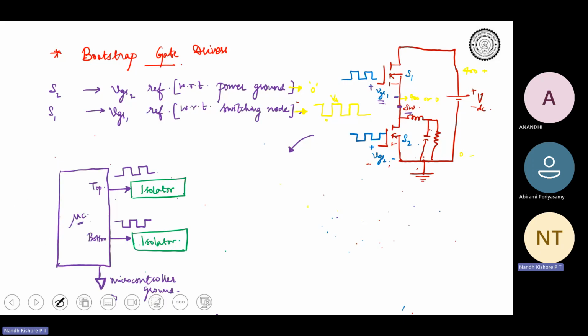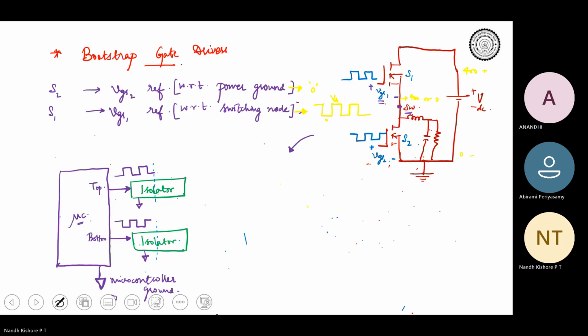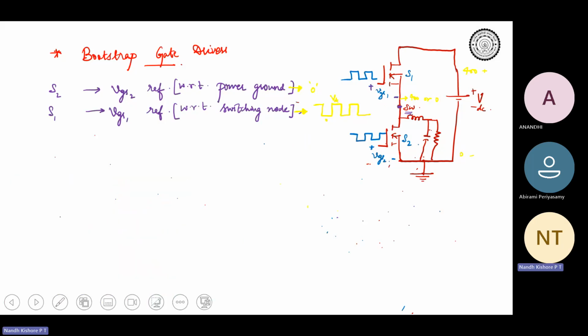This is how an isolator is represented. On one side you have the microcontroller ground, and on the other side of the isolator you will have the ground which you want. On the other side you will have the power ground for the bottom, and for the top you will have your switching node, or let me write it as SW.